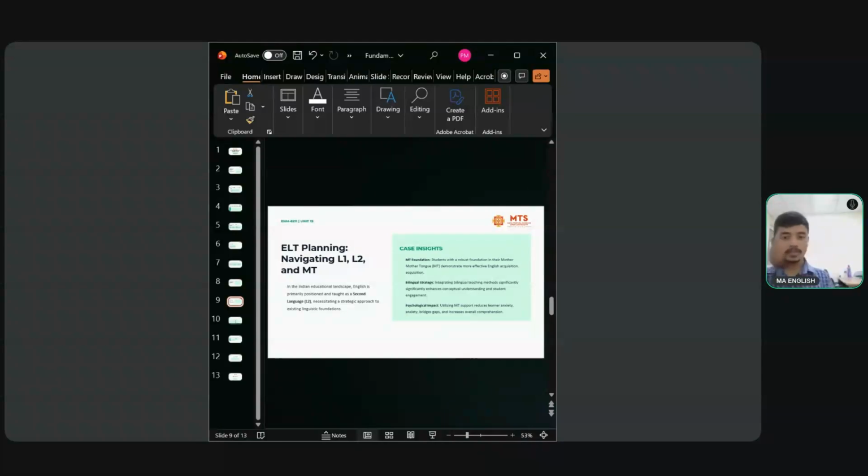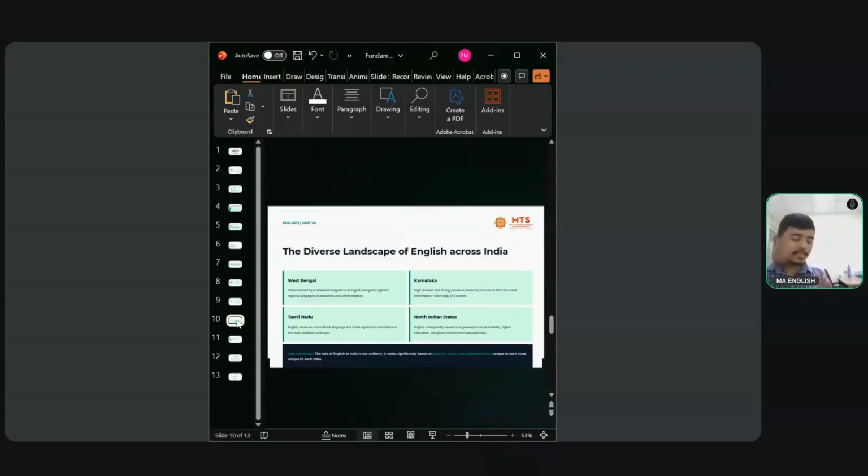All right, now let's move on to the last unit of this block, Unit 20: the diverse landscape of English across India. This unit zooms out and gives us the big picture.